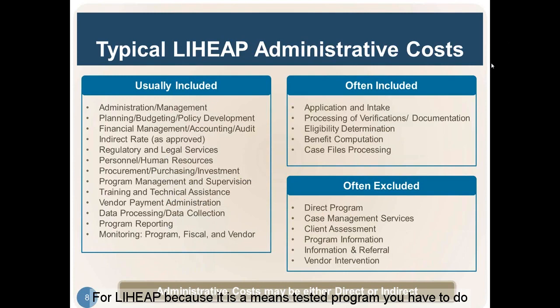And for LIHEAP, because it's a means tested program, you have to do some kind of intake. You can't just give LIHEAP money away. You have to do some kind of income verification, eligibility determination. You can't comply with LIHEAP without doing those things. So I would think of it as a direct cost, but I'm not sure. What term did you use?